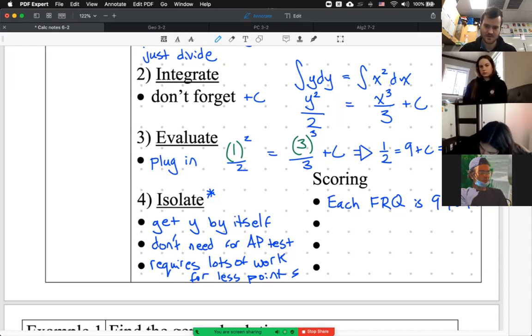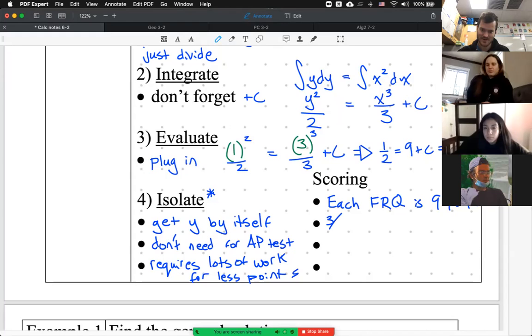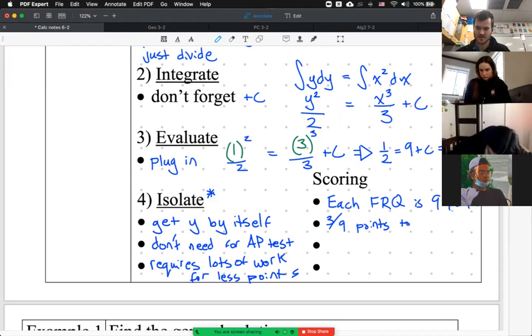Yes, eventually you'll learn about how many problems there are and such, but for each of these problems, you need 3 out of 9 points on average to get a 3 on the actual overall AP test.